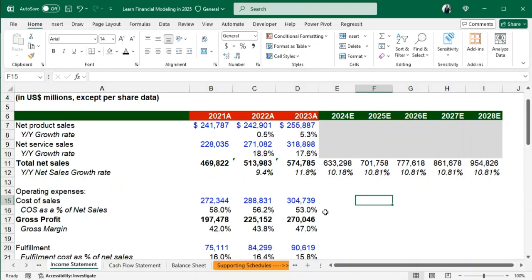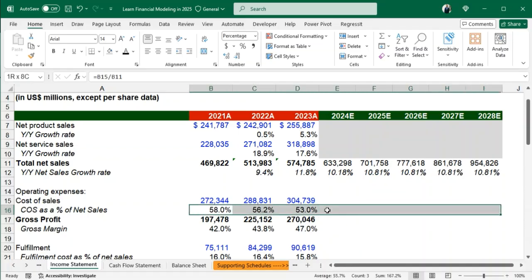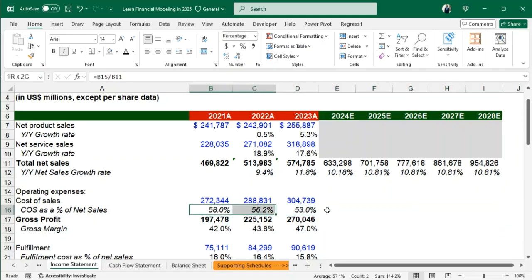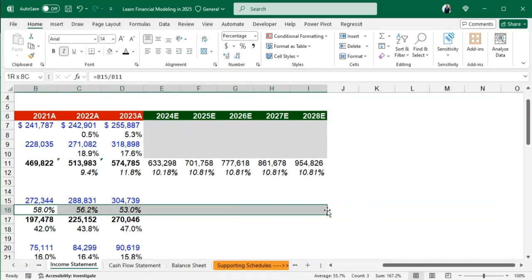Now let's come to cost of sales. Before we do that, let us format all of these as a percentage with 1 decimal place.